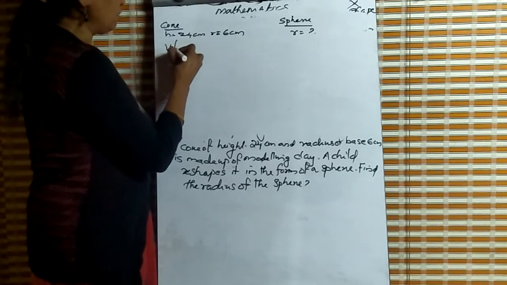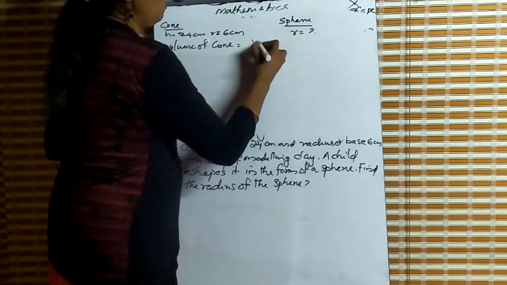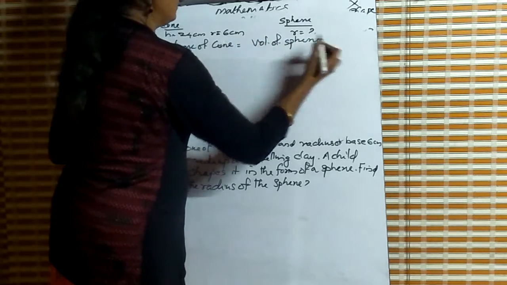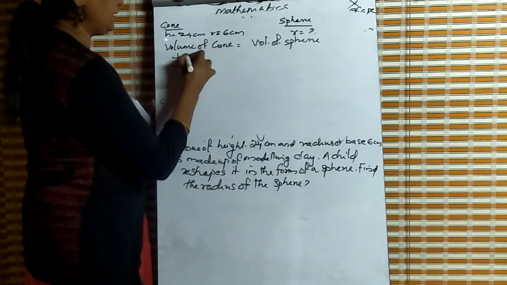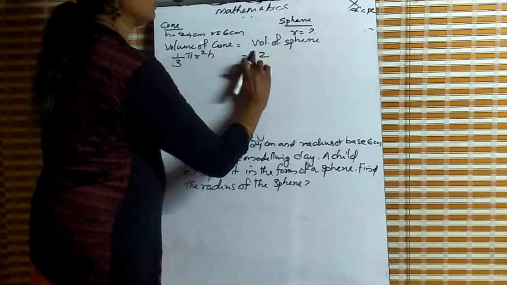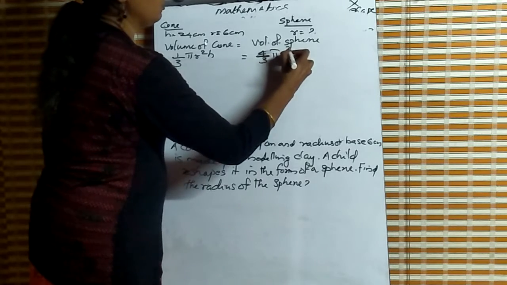Here, volume of cone is equal to volume of sphere. What is the volume of cone formula? 1 by 3 pi r square h is equal to the volume of sphere, 4 by 3 pi r cube.